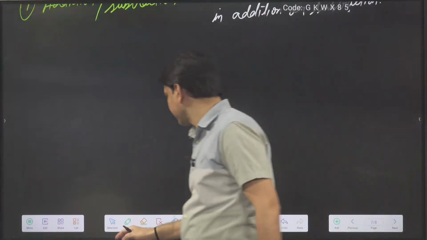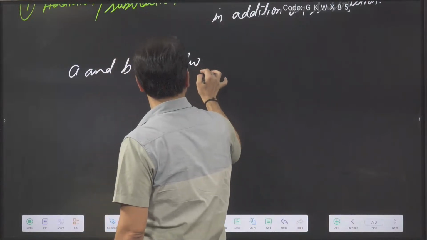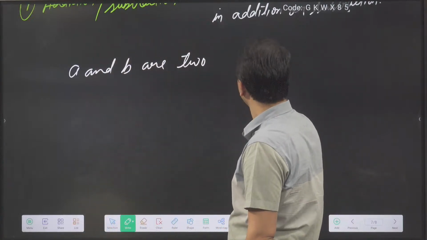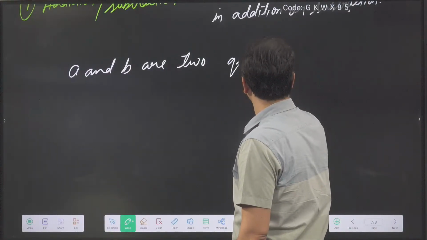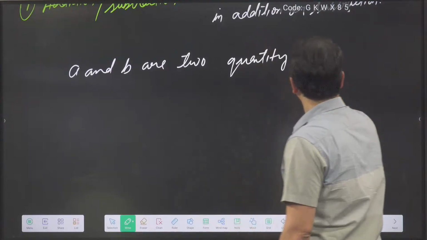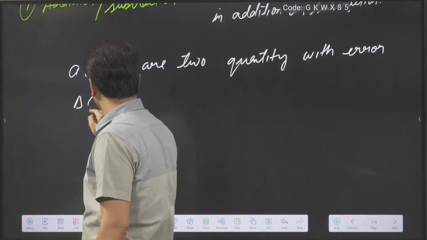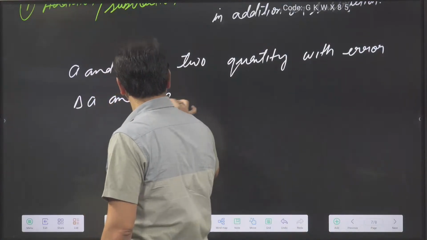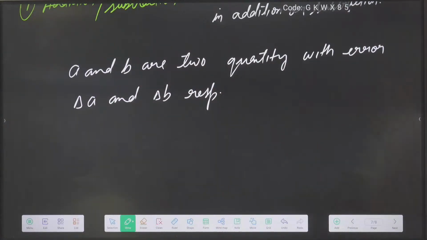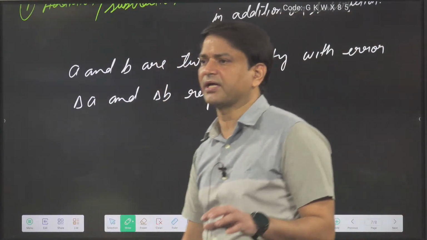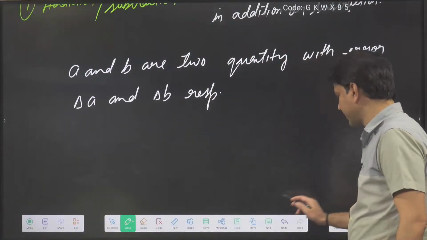Suppose I am saying A and B are two values or two quantities with error delta A and delta B. So A I can write as A plus minus delta A, and B I can write as B plus minus delta B. Now we can define the addition and subtraction.